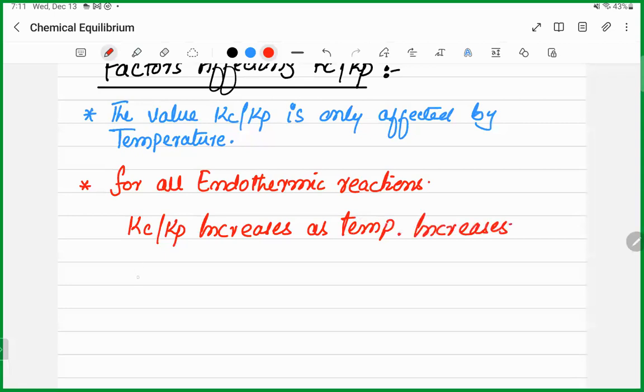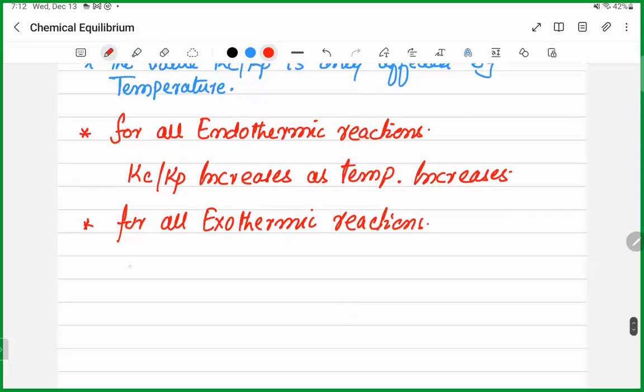Okay, in a similar way, for all exothermic reactions, as exo requires low temperature, the Kc and Kp value decreases as temperature increases.